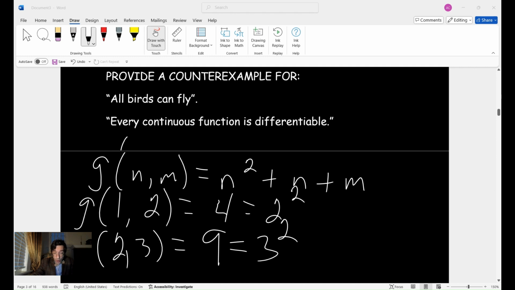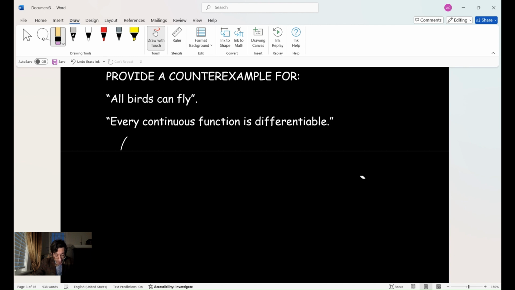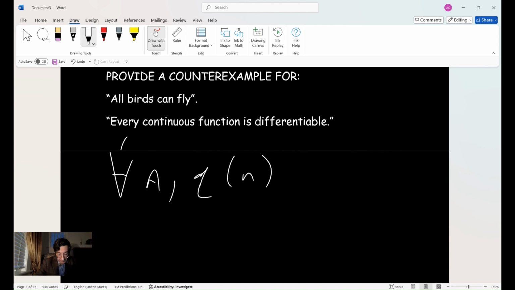Right? So if you have been practicing your symbolic logic, then you can figure out the statement, and Q of n is the statement that you could use.